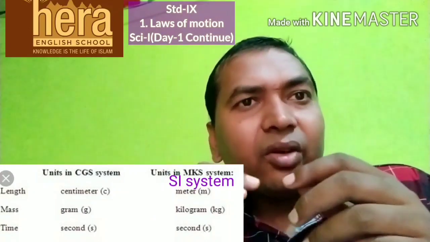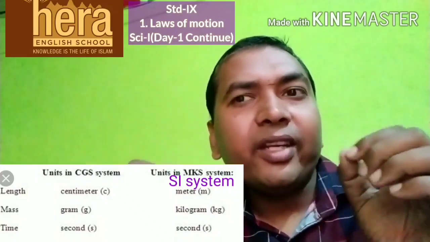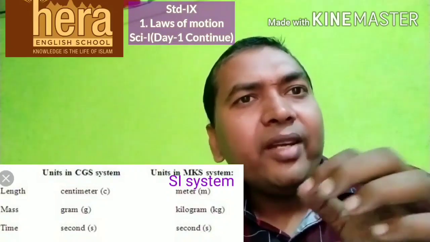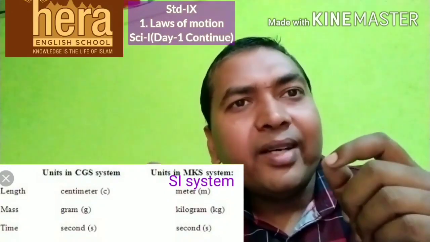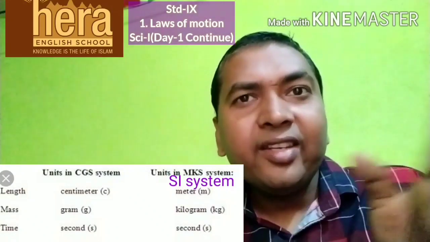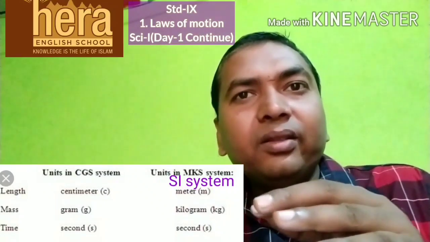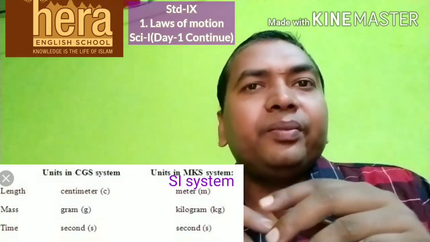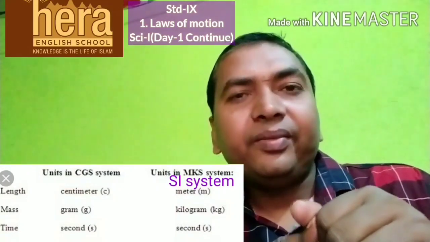But CGS means centimeter, gram and second. We measure mass in gram, length in centimeter, time in second. In both systems, we measure time in second.